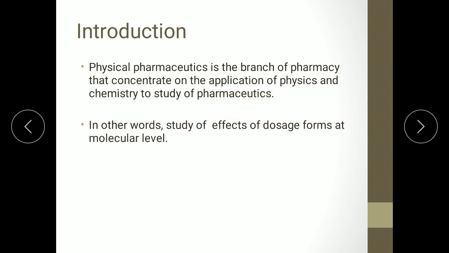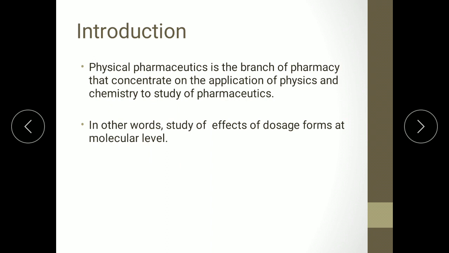Okay, you know that pharmaceutics means the study of dosage form. So the application of physics and chemistry to the study of the different dosage forms is known as physical pharmaceutics. In other words, we can say it is the study of effects of dosage form at molecular level.